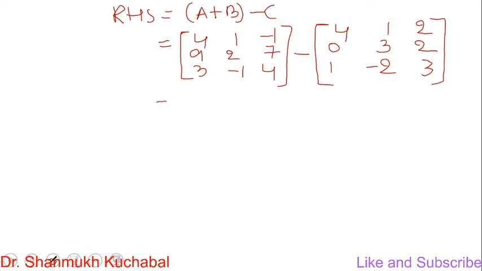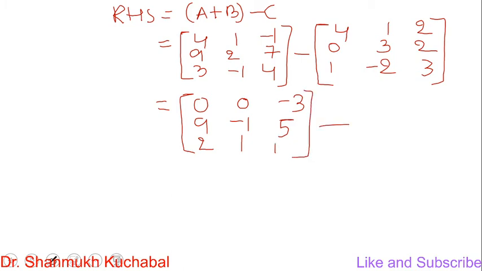Then further we have to simplify this one. 4 minus 4 is 0, 1 minus 1 is 0, minus 1 minus 2 is minus 3, 9 minus 0 is 9, 2 minus 3 is minus 1, 7 minus 2 is 5. Next 3 minus 1 is 2. Then minus 1 minus into minus plus 2, plus 1 we get. So 4 minus 3 is 1 here. We call it equation 2.